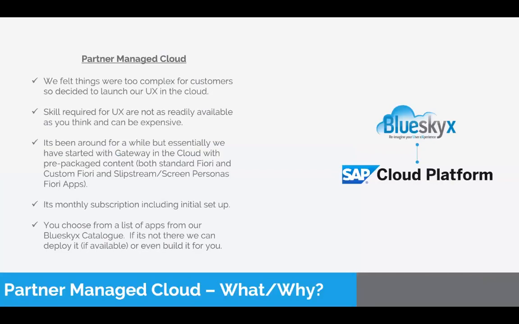And that's kind of what we do. We thought it was getting a little bit too complex. Some customers really don't have the skills sometimes to do some of this stuff, but they want to leverage the technology. So that's why we run Partner Managed Cloud, which is called Bluestonex. And that is basically our services and our apps on top of the SAP Cloud Platform delivered to that particular customer.